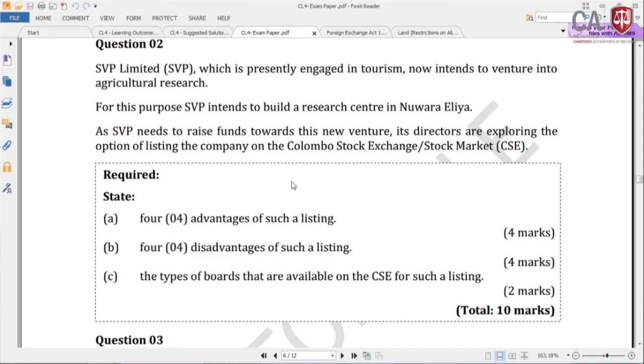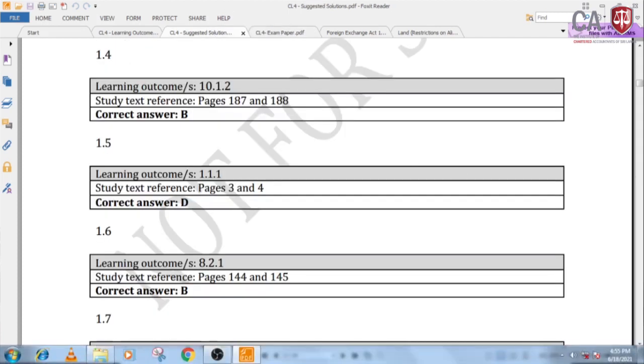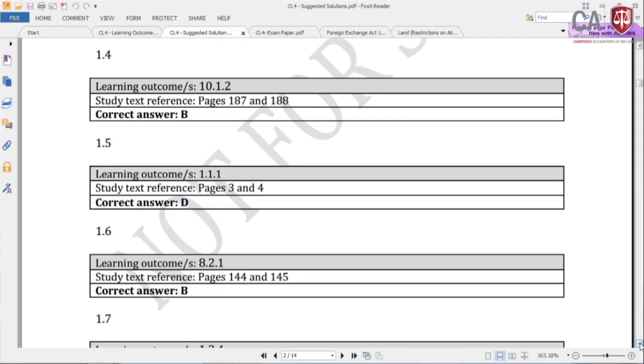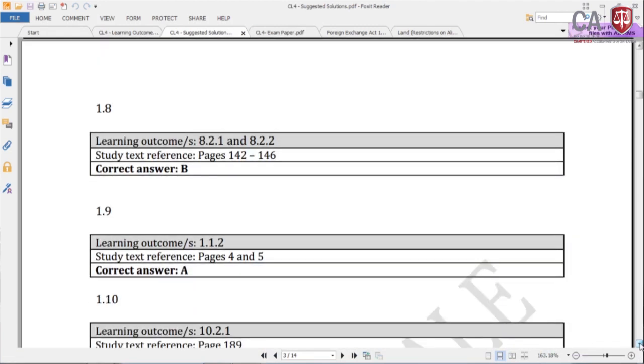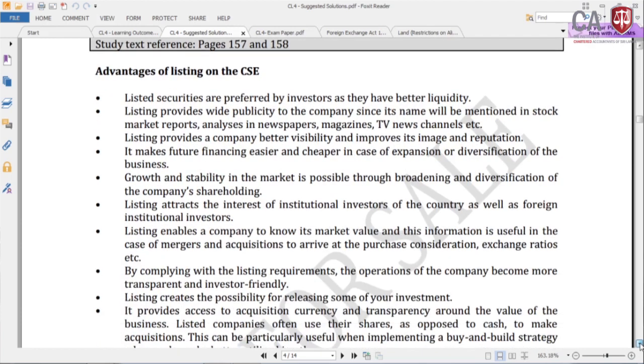Now, I will go along the answer drafted so that you can have a better understanding. You see, advantages of listing on CSE. Listed securities are preferred by investors as they have better liquidity.